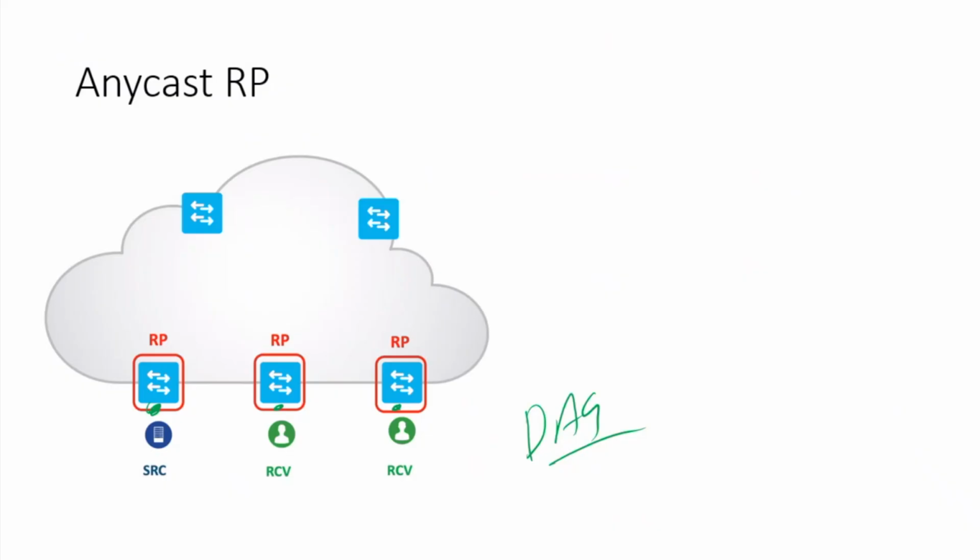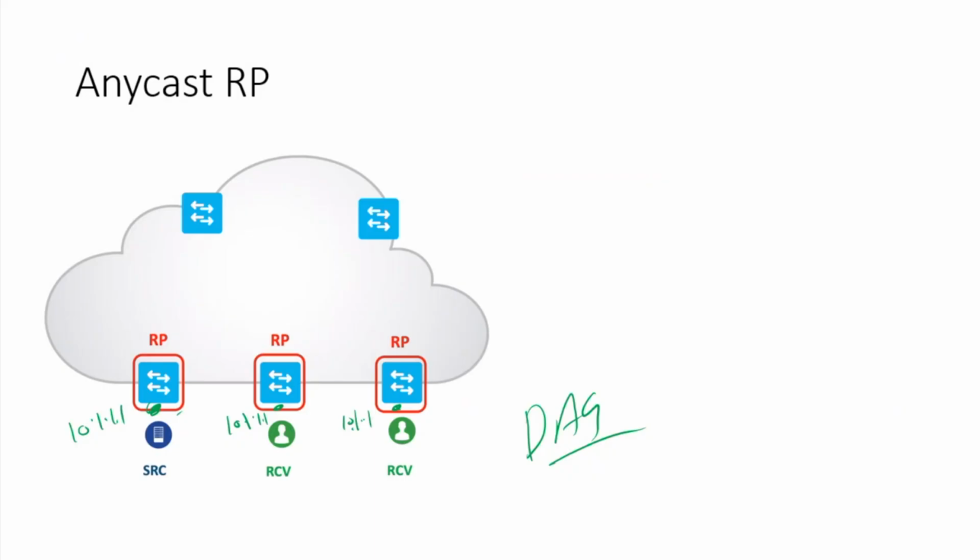Any fabric-based solution you take, BGP EVPN, Cisco ACI, they all support this distributed anycast gateway. That means my gateway will remain the same on all these nodes. Same way there is this concept of anycast RP.